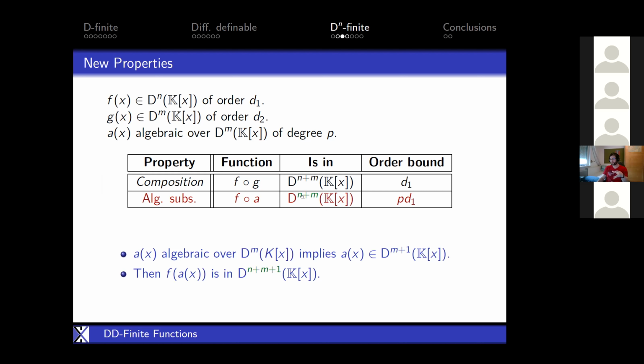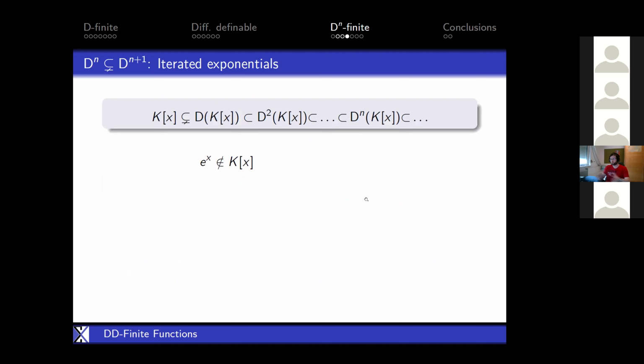So the smaller the range, the smaller the place you can embed a function, the faster computations will be for this type of function. So having this result over here, even if you increase the order of the differential equation, is very useful in practice. And yeah, once we have this chain, we start looking at some structural results.